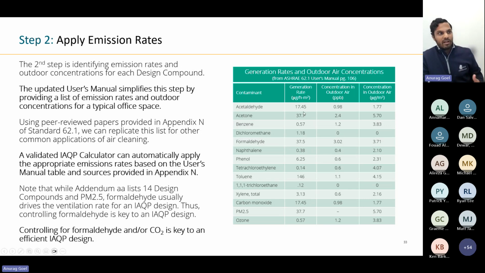These emission rates will vary depending on the space type. This is an example for offices, but depending on the space type, you have variation in emission rates. These emission rates are packaged into Appendix N of 62.1, and they come from decades of research supported by ASHRAE, where different types of spaces were studied and emission rates were then populated.